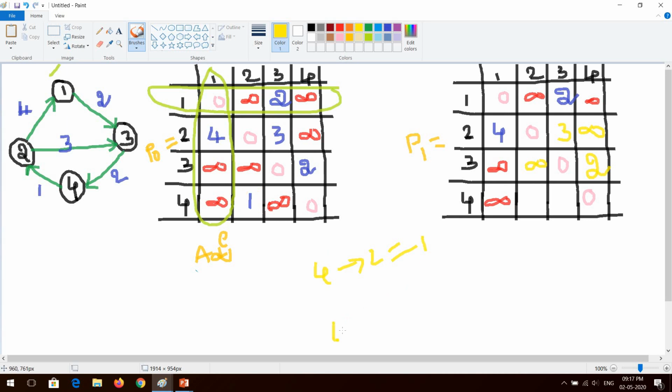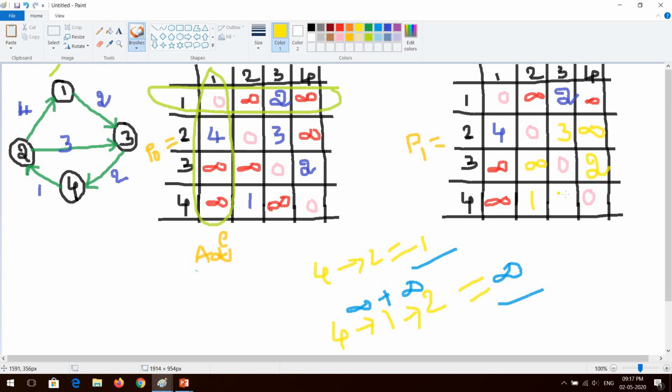So with 1 as intermediate vertex, 4 to 1, 1 to 2. Let us try to find out how much it will cost. 4 to 1 is infinite, plus 1 to 2 is also infinite. So infinite plus infinite, I will get infinite. Out of this and the earlier 1, which is minimum? 1 is minimum, right? So 1 will remain same.